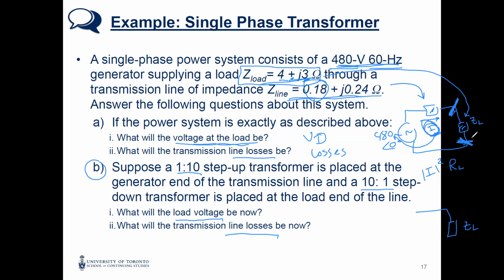Oh, this one, it will not be just the power absorbed, because here we said the transmission line losses, so the losses only on the transmission line. That's the reason I said I squared, as a magnitude squared, times R. However, if you multiply by the whole impedance of the line, if we just use ZL.